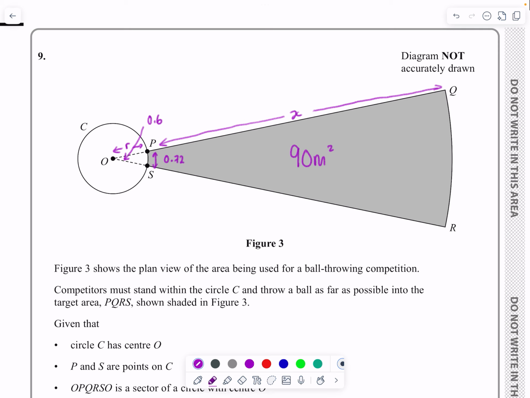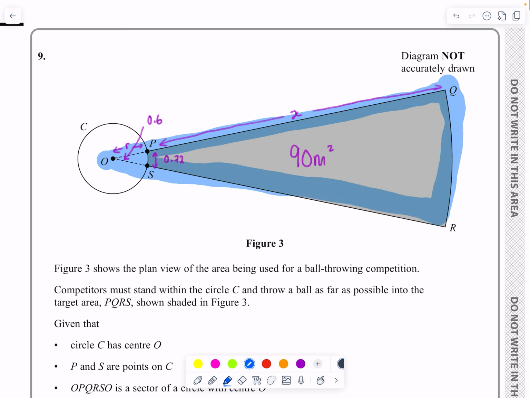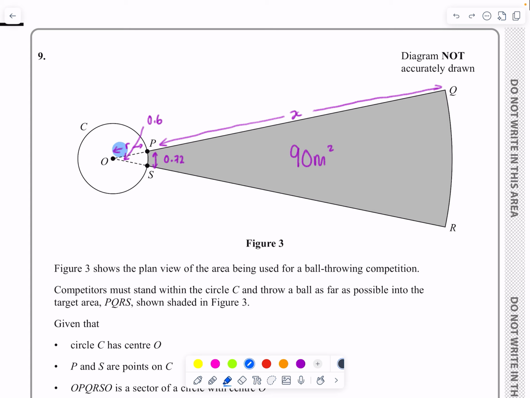Well, I know that the area of the grey part is going to be, let's see if I can do this clearly enough for you to see it, that sector there, the sector with the centre O, OQR, if you want to call it that. If I work that out, it will be half r squared theta, where the radius of that sector is going to be my 1.2 plus x, that length there.